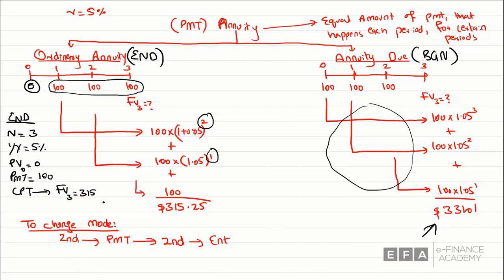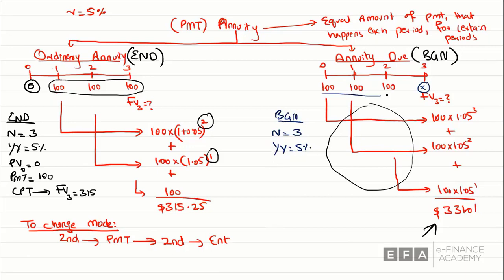As for the beginning mode, as for this annuity due, here's what we do. Again, the number of payments is 3. We want to find the future value here. So N is 3, and the interest rate is 5%. Make sure to keep your calculator in beginning mode.